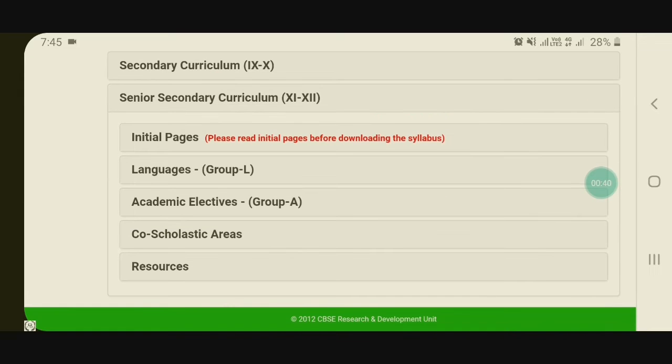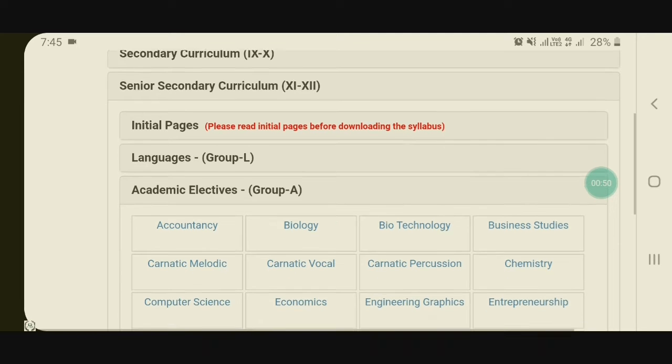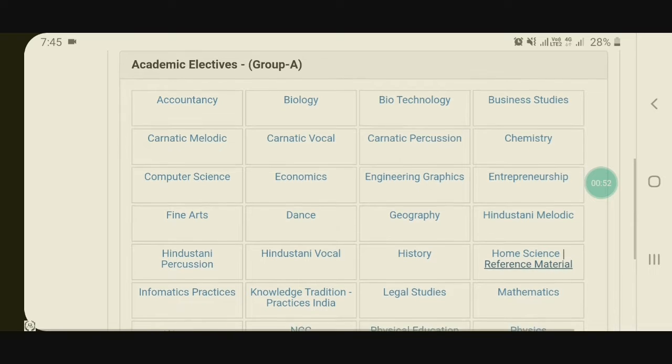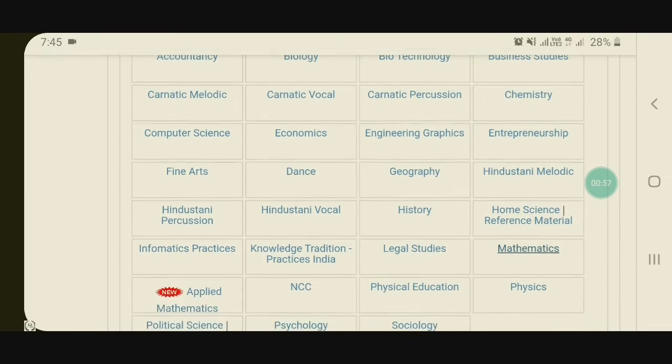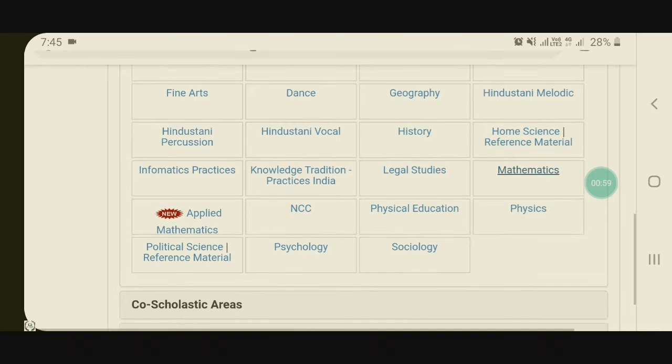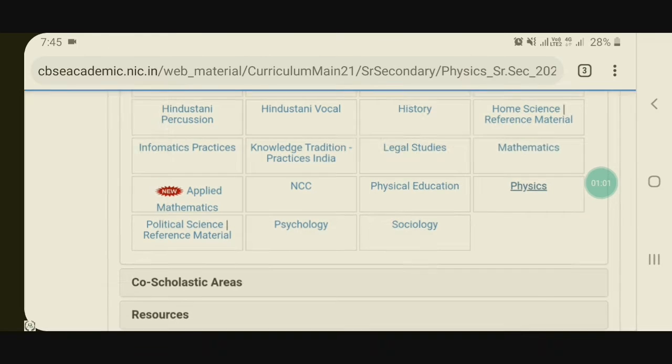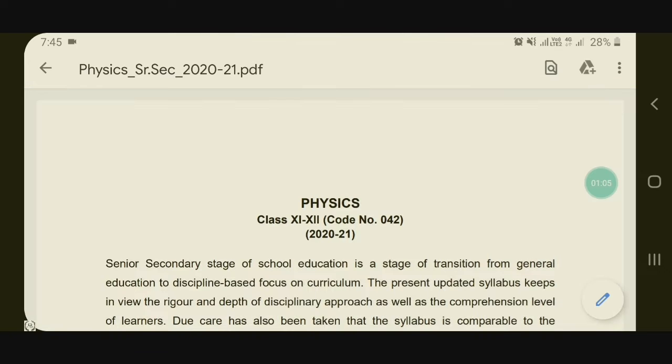As you have seen on the initial pages, language, academic electives, co-scholastic area and resources, there are 5 options available. You have to choose academic electives, in which numerous subjects are present, and you have to search for physics. So physics is here. Just click on the physics option and you can automatically go to the syllabus.